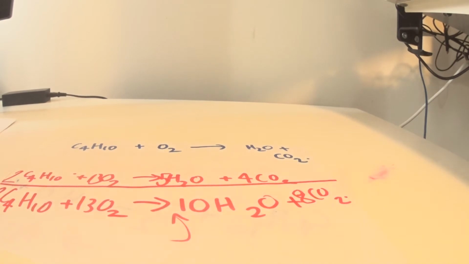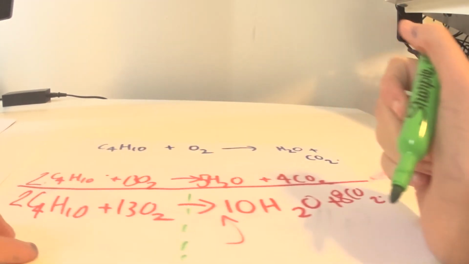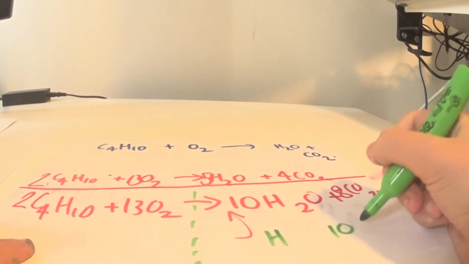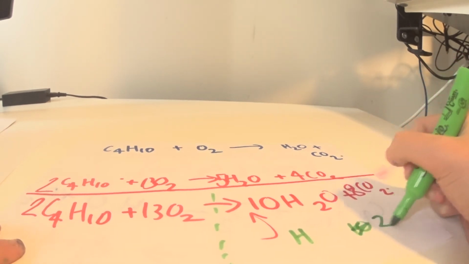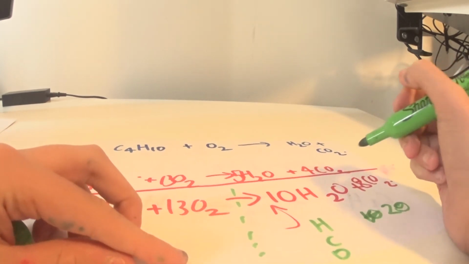Now we're going to double check this in case I've got it wrong. So we can draw a little green line here. How many hydrogens on this side? We've got 20 hydrogens.